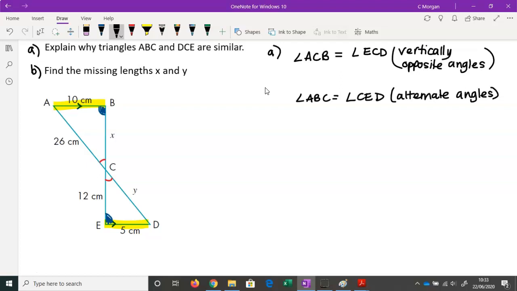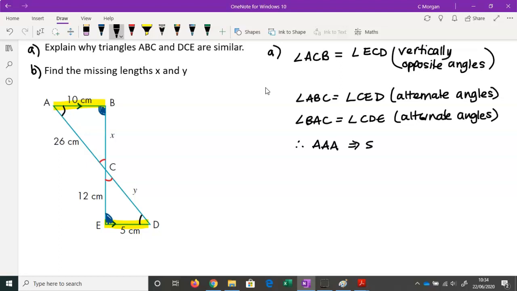I've got one final angle. Angle BAC must be identical to angle CDE because, again, we've got alternate angles. And therefore, because I have angle, angle, angle, corresponding angles, we have similar triangles.